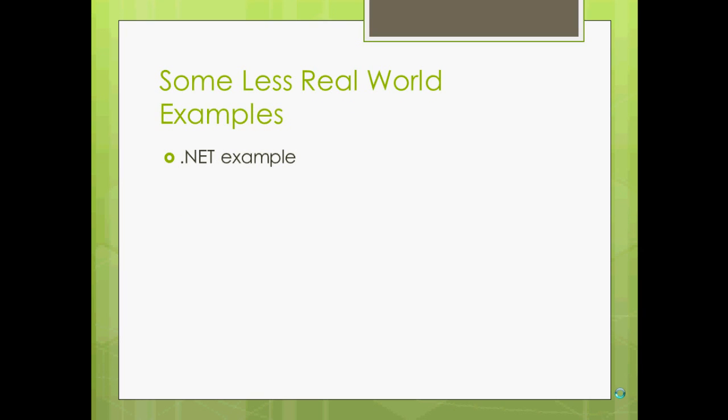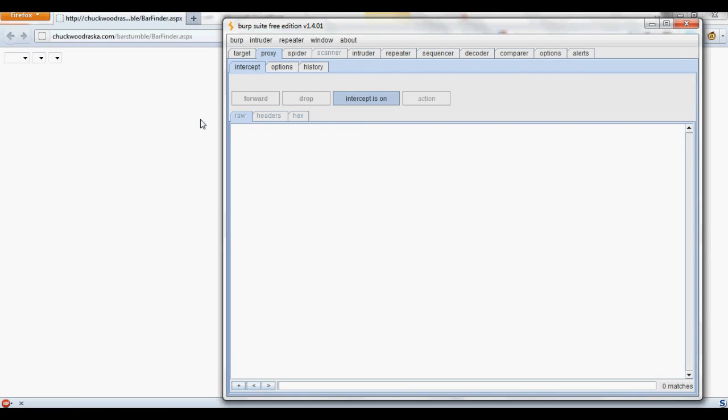And now I'm going to show you a .NET example, just to show you a stack trace, since I couldn't find one of those out in the real web. I'm just going to use Burp to capture this and then change the value of one of the parameters to something that doesn't exist in the database, and it should pop up with a stack trace.